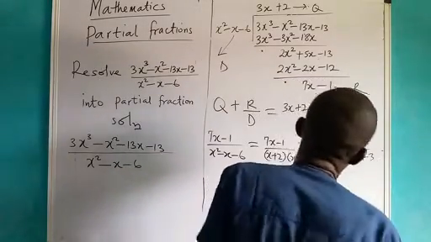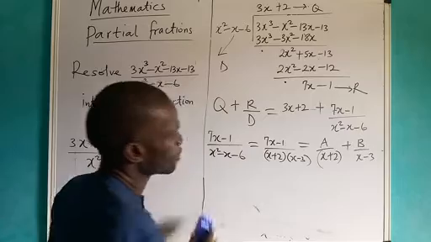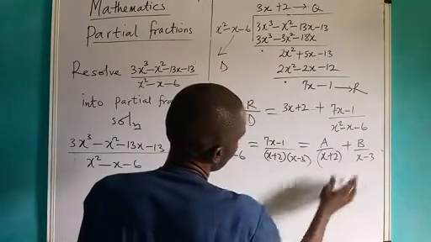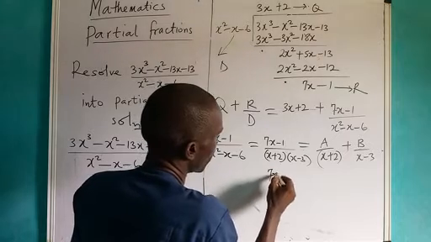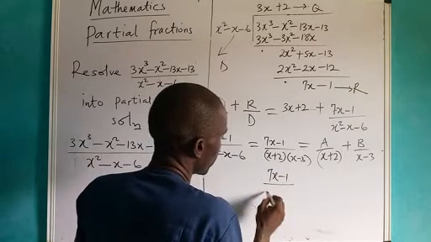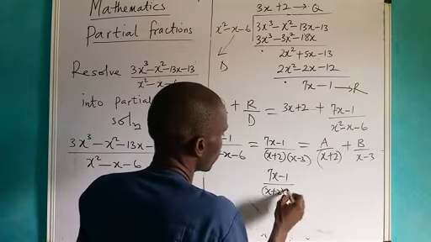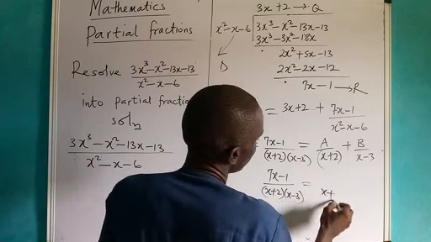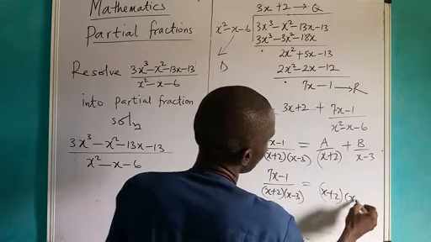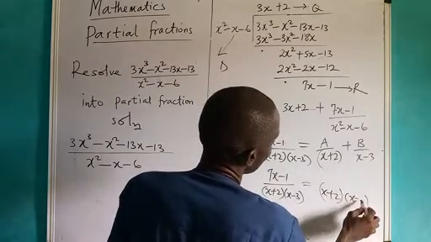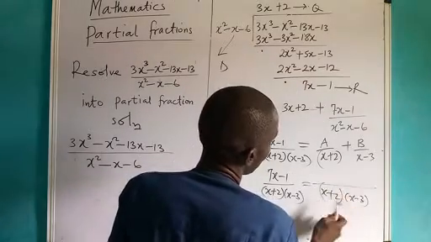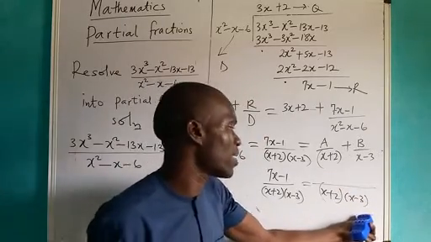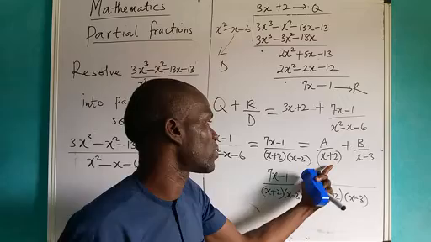Now, I've just split, so I can now resolve it. I need to get my LCM here. If I get my LCM, I'm going to have 7s minus 1 equals, taking the LCM, s plus 2 and also s minus 3. Now, since I've collected my LCM, I need to use this one to divide here.